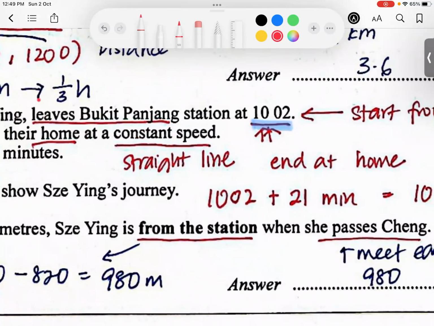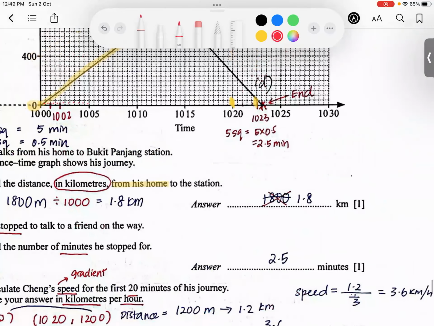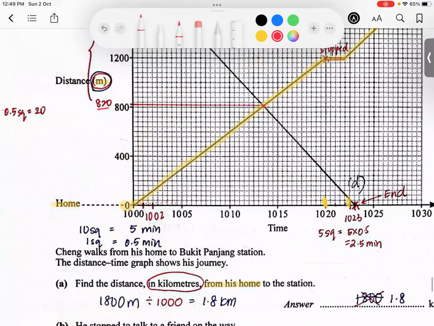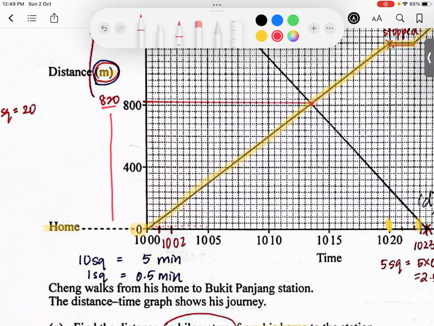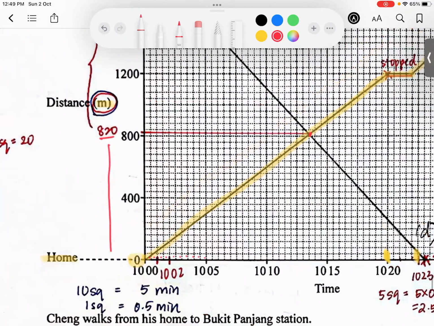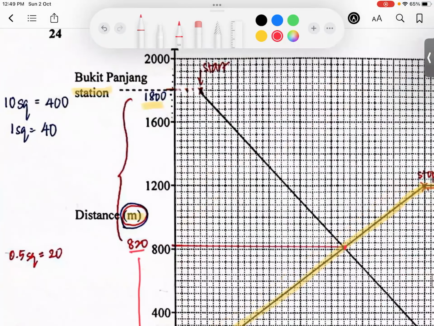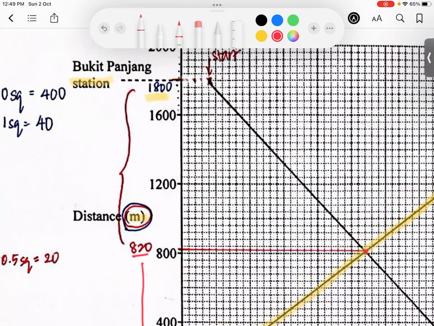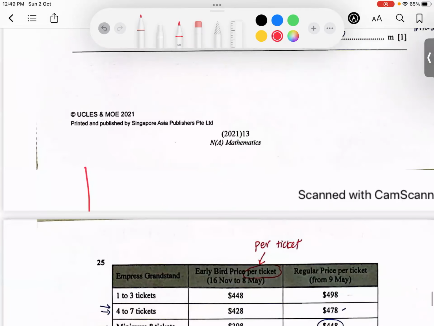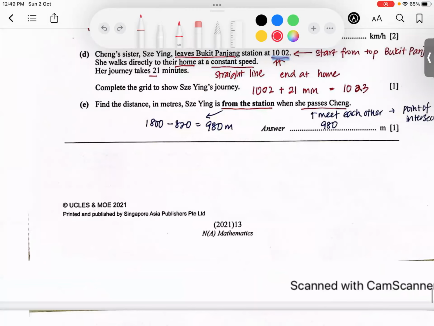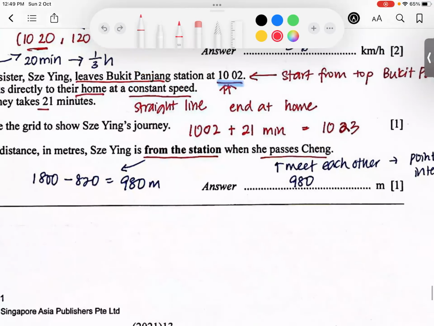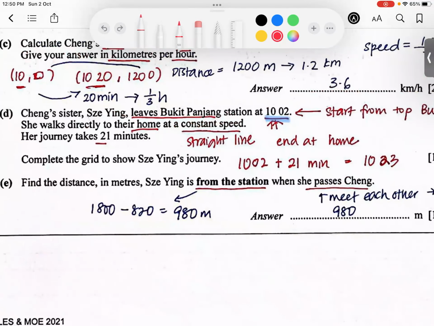That 820 is 820 from home. I want to find the distance from my station. My station was 1,800 meters, minus away 820, and that gives me 980. And they say meters, so 980 meters from the MRT station.